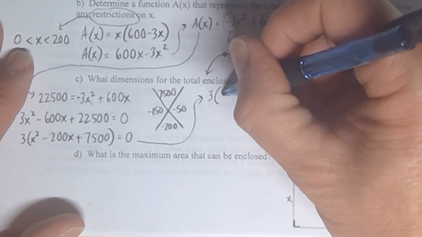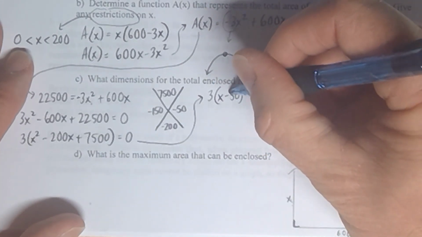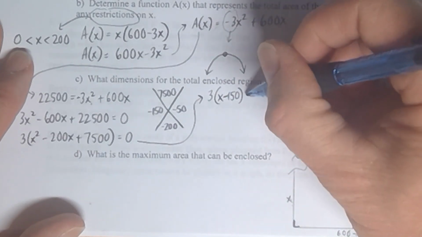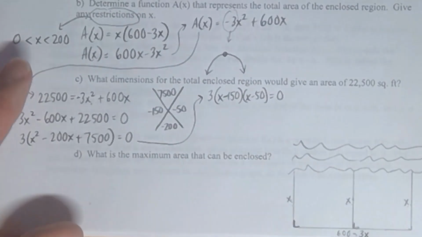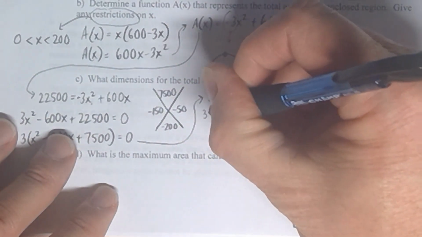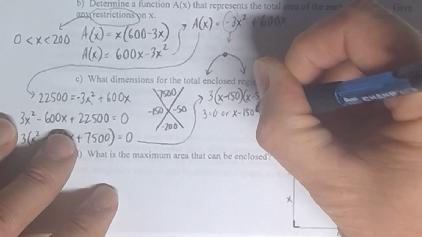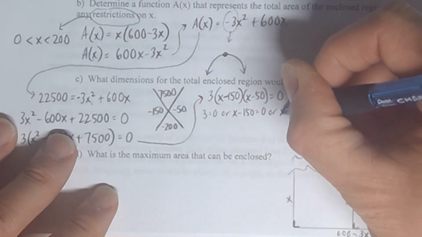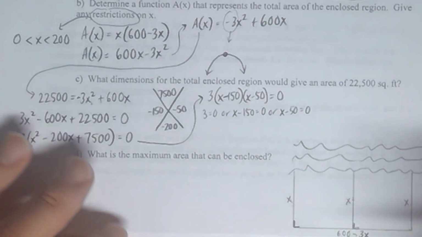So it becomes this right here: x minus 150 and x minus 50. And then with the zero factor property, we set those factors equal to 0. And we get two answers here because that first thing right there, the 3 equal to 0, is not going to give us anything.